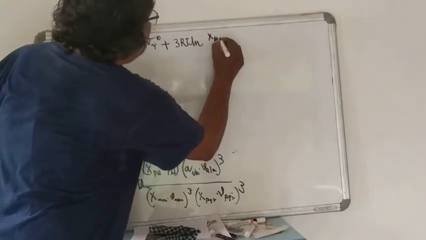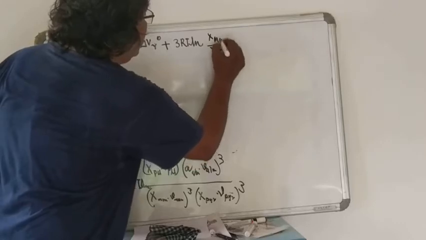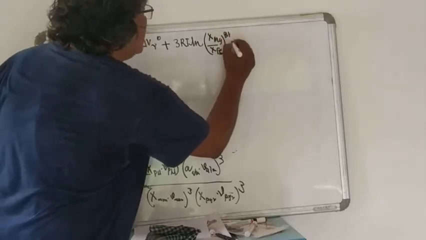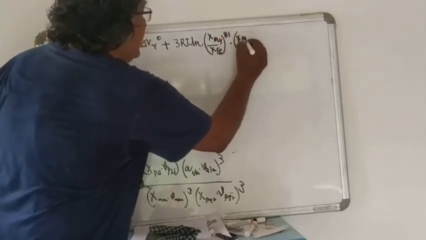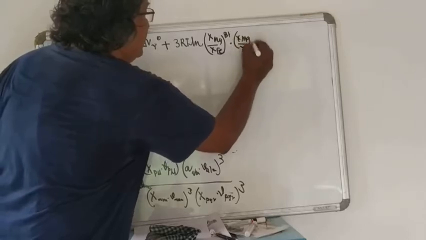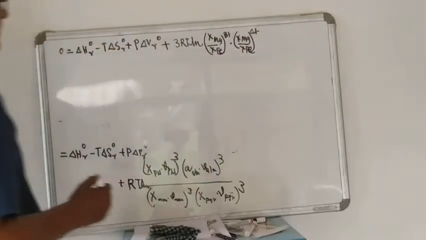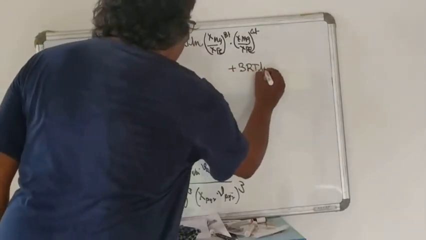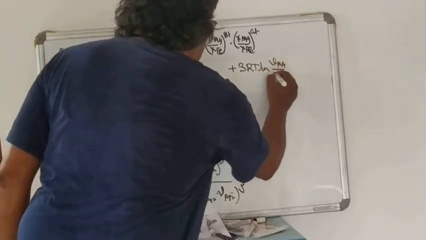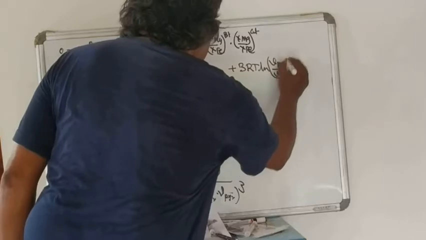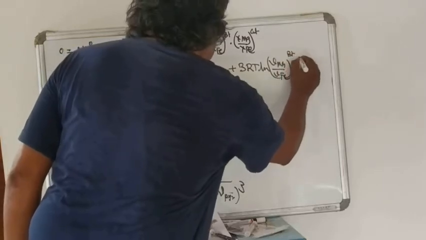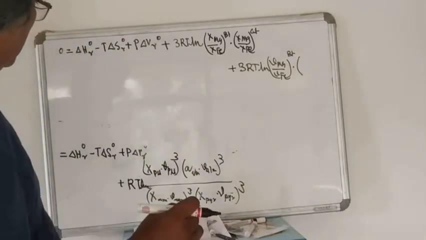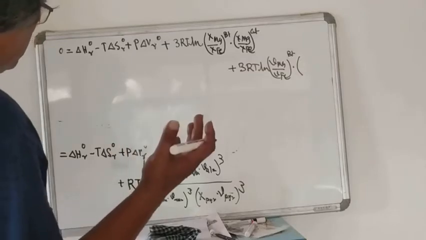x Mg by x Fe biotite into x Mg by x Fe garnet plus 3 RT ln gamma Mg by gamma Fe biotite into gamma, no, what was the equation?